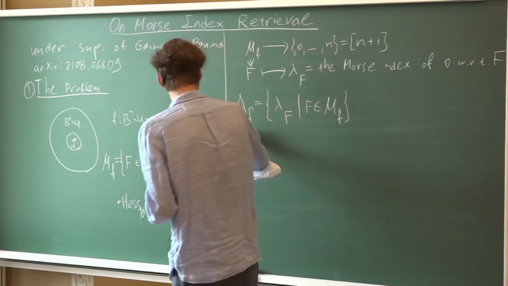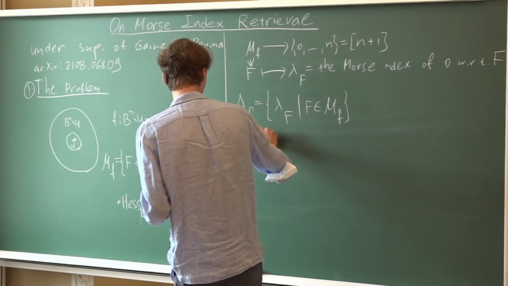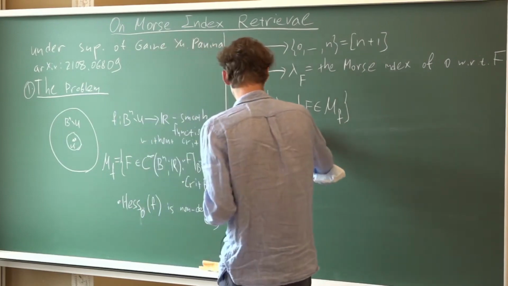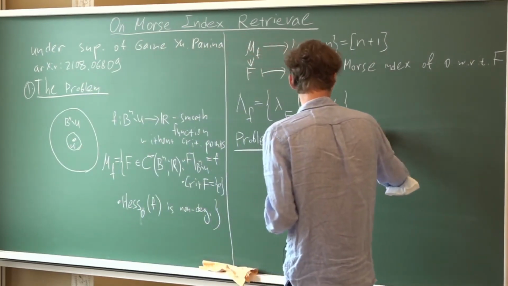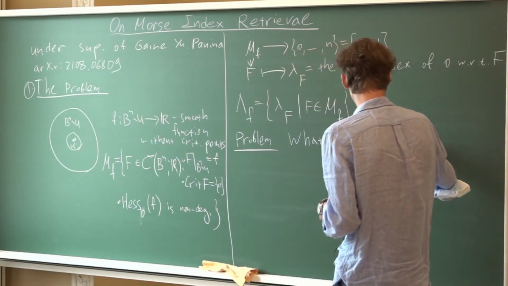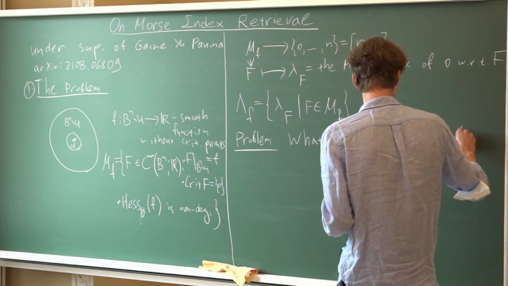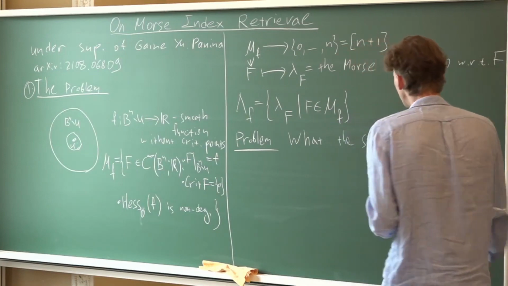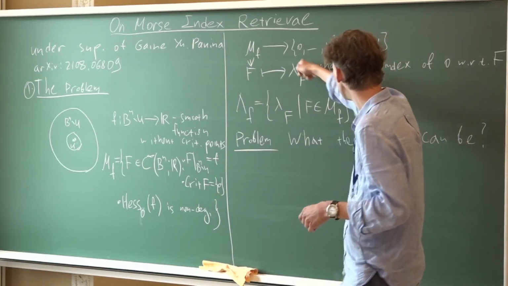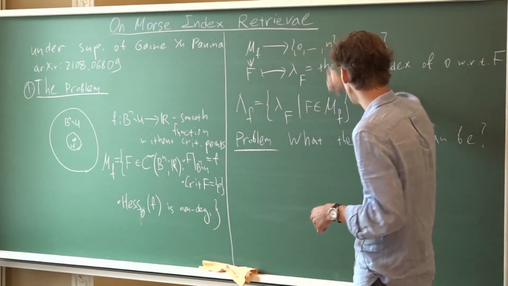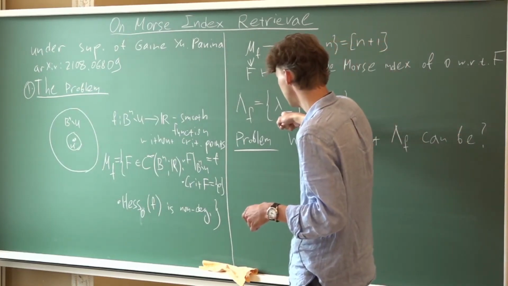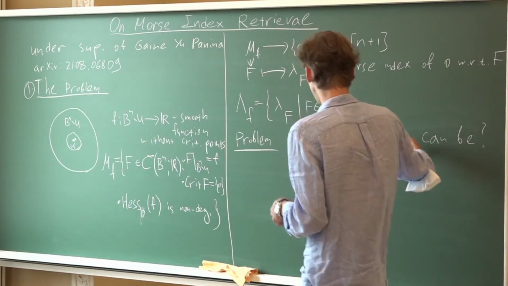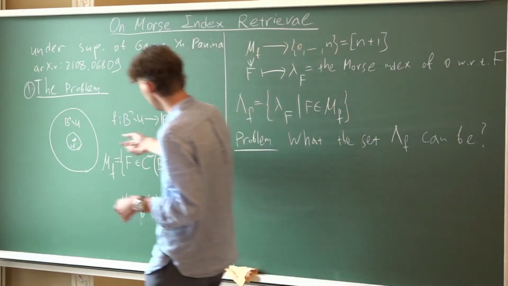The problem we are interested in is what the set lambda f can be. What subsets of the set from 0 to n can be the sets of indices of the extensions of some function defined on this annulus?